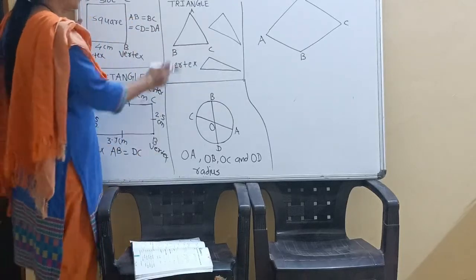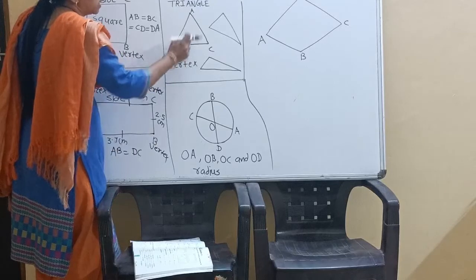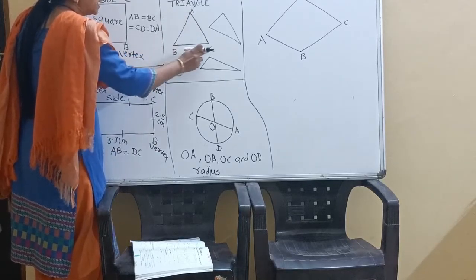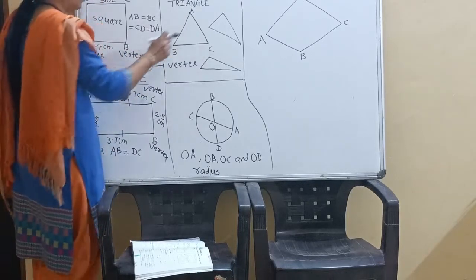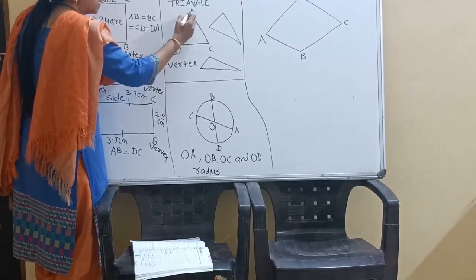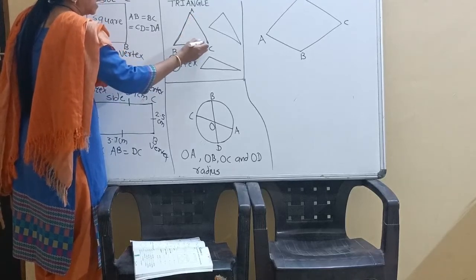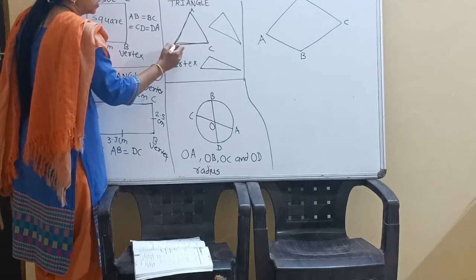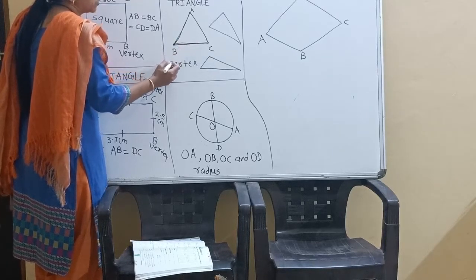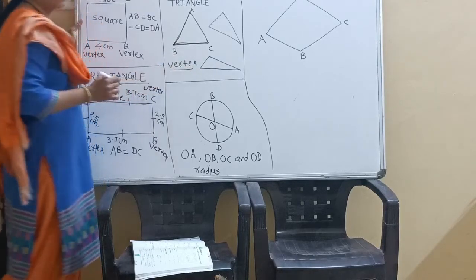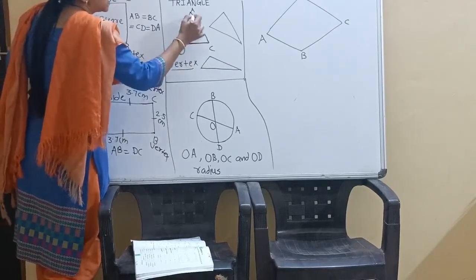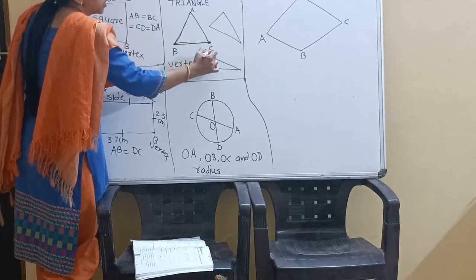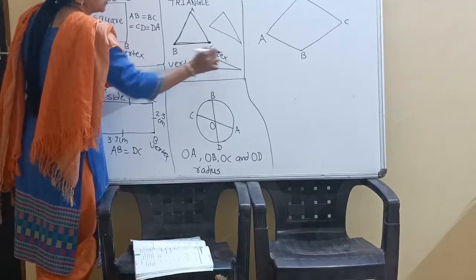So what can we say here? The name of the triangle is triangle ABC. Every time, see, these AB and BC lines are joining here at this B point, so that's why it is called vertex B. Then line AC and BC are joining here at this point, it is called a vertex.